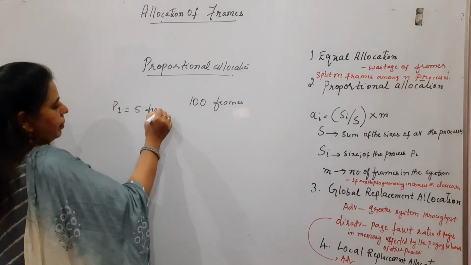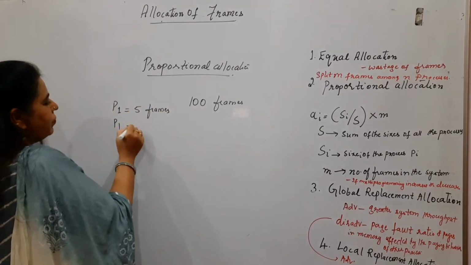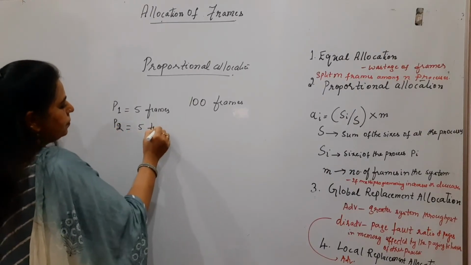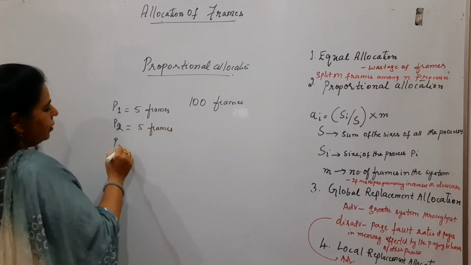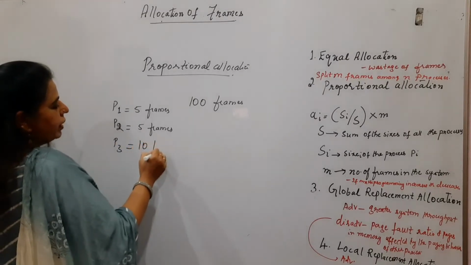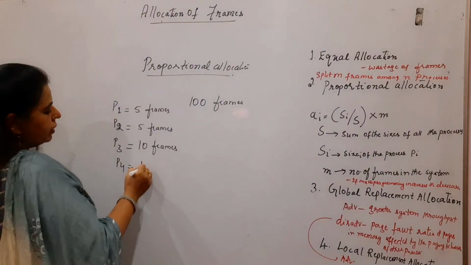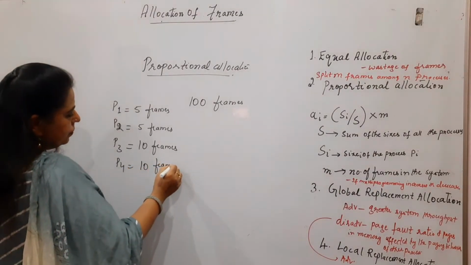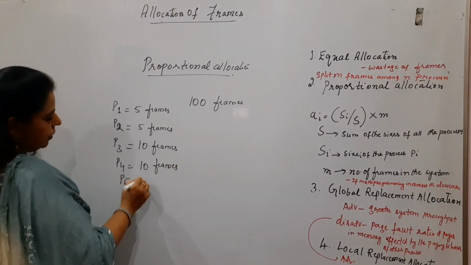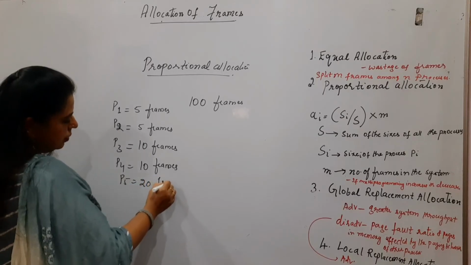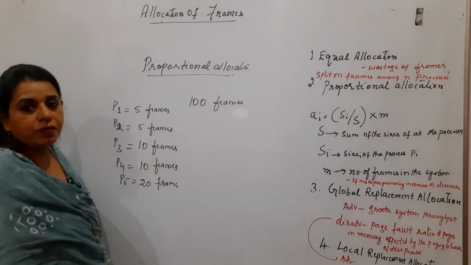For example, P1 says that it needs 5 frames, P2 needs 5 frames, P3 can carry out its job with 10 frames, P4 can carry out its job with 10 frames, P5 needs 20 frames. So this is the requirement for each of the processes.